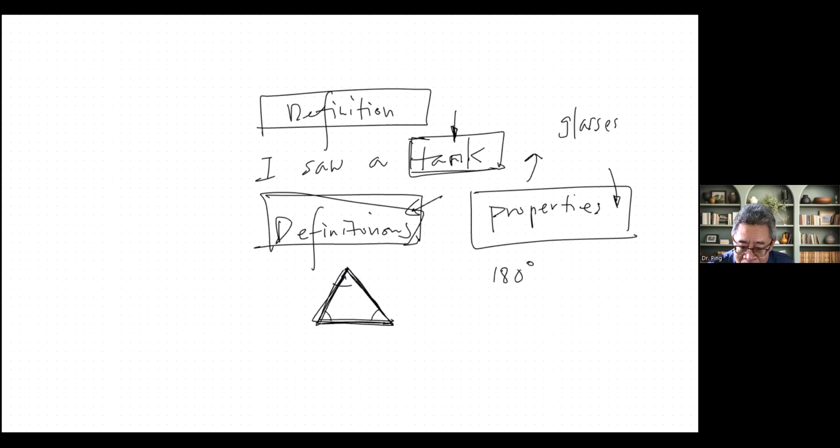Another one is, if we have sides A, B, C, then any two sides, say A plus B, has to be bigger than C. Otherwise, you won't make a closed triangle. So those are the properties. We have to really separate them when we're trying to study anything. What is its definition? What are its properties?